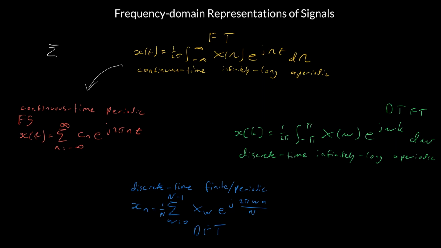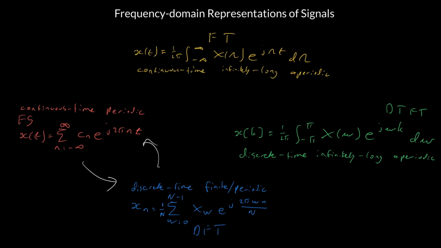Our new signal x of t is given by taking our old signal and just making it periodic by replicating itself an infinite number of times by shifting it to the left and the right. Put simply, everything we said about going between the DFT and the discrete-time Fourier transform can be applied to going between the Fourier series and the Fourier transform, because both of them can be understood in terms of sampling in the frequency domain.